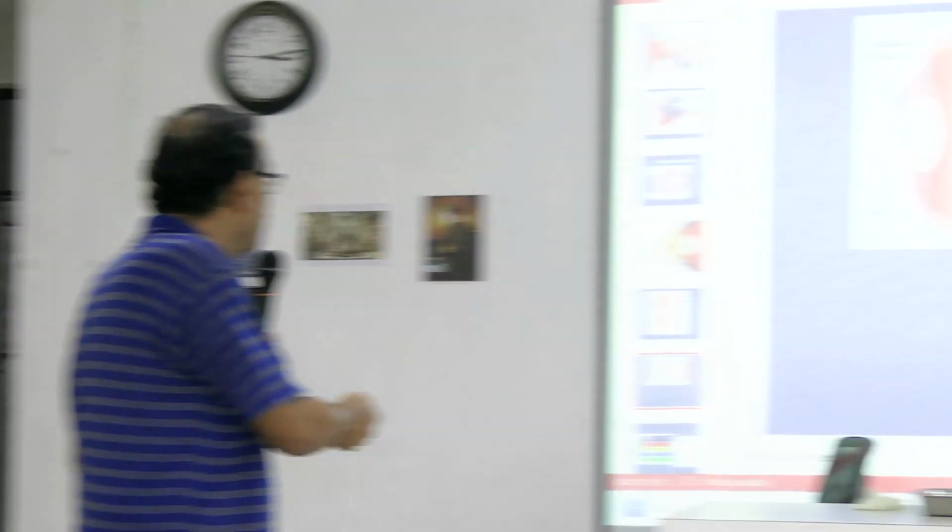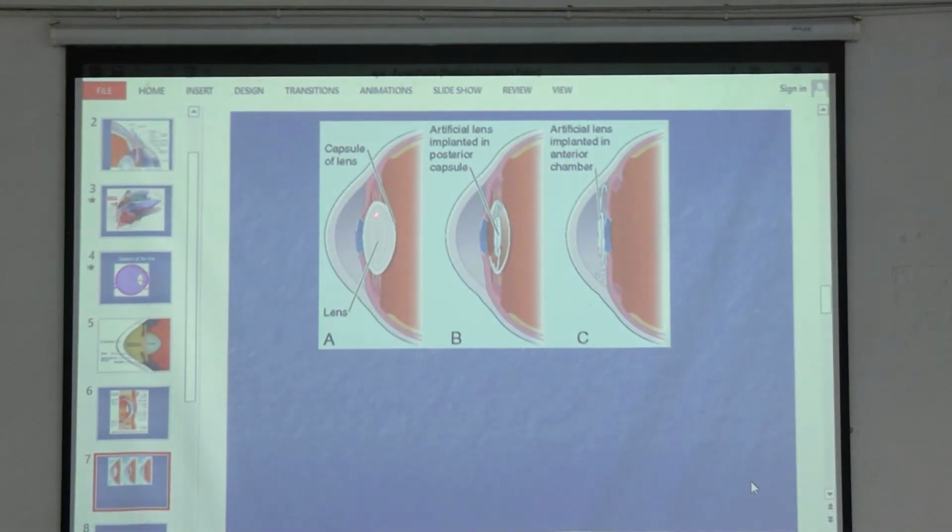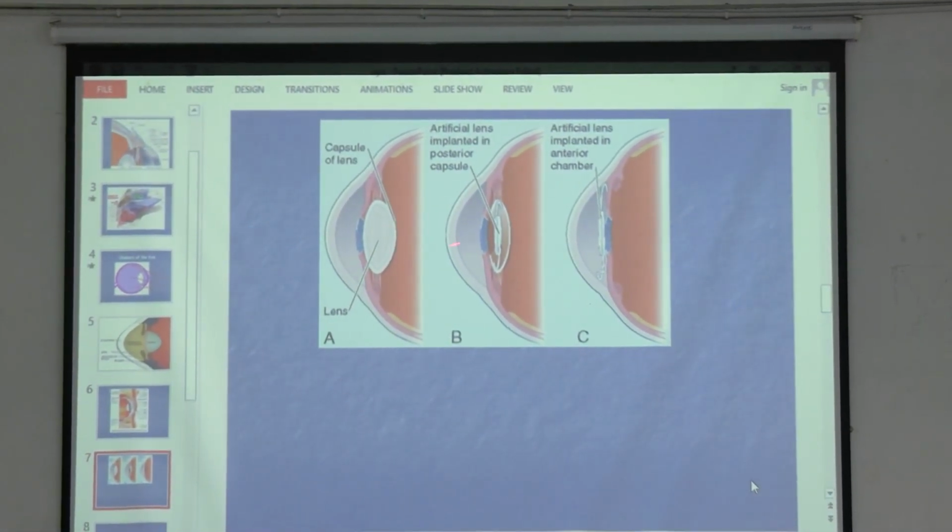Nowadays we are using the laser to create the opening in the anterior capsule. Whatever might be the process, we are concerned with the anatomy of this area. So within the lens we can find a center or nucleus.